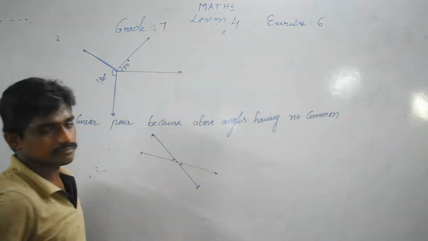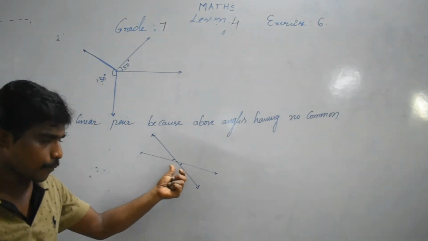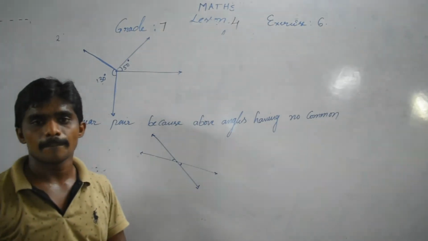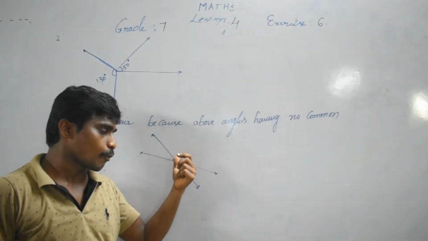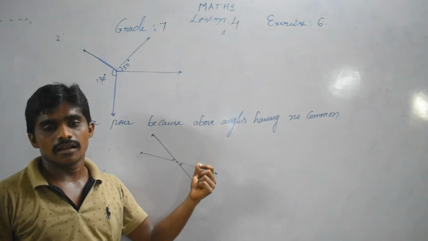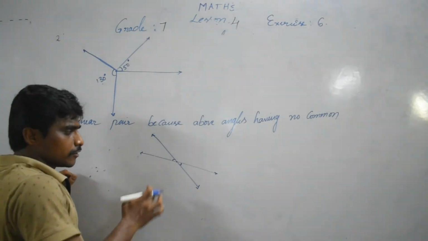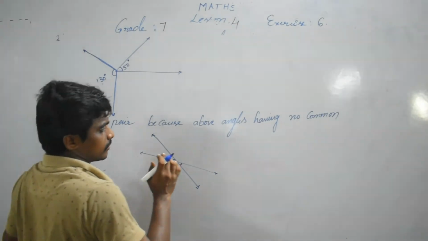Two lines join or meet at a point. Those two lines we call intersecting lines. That meeting point we call the intersecting point. So here opposite angles are equal.